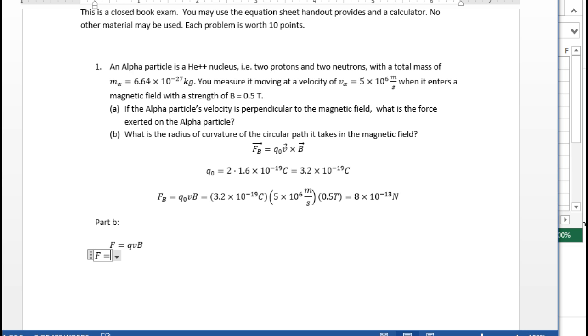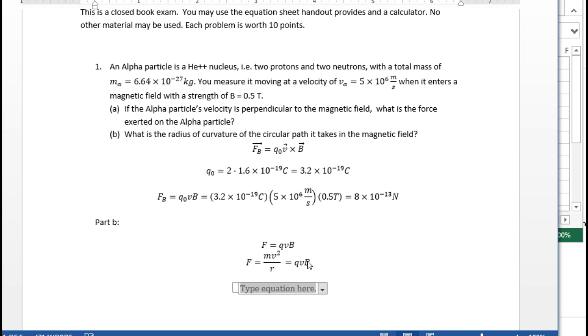What's the force that keeps it in a circular motion? mv squared over r, right? So we've got QVB, we've got mv squared over r. These are equal to each other, right? Because the only force being exerted is the force from the magnetic field.